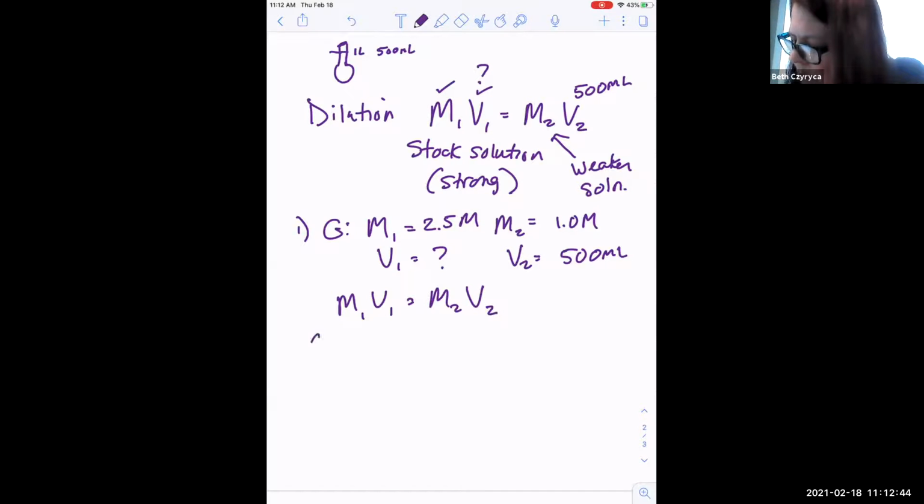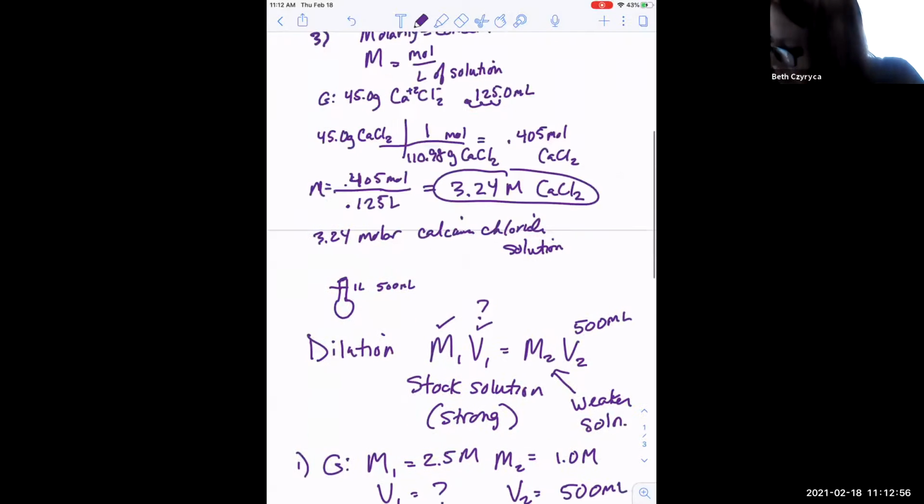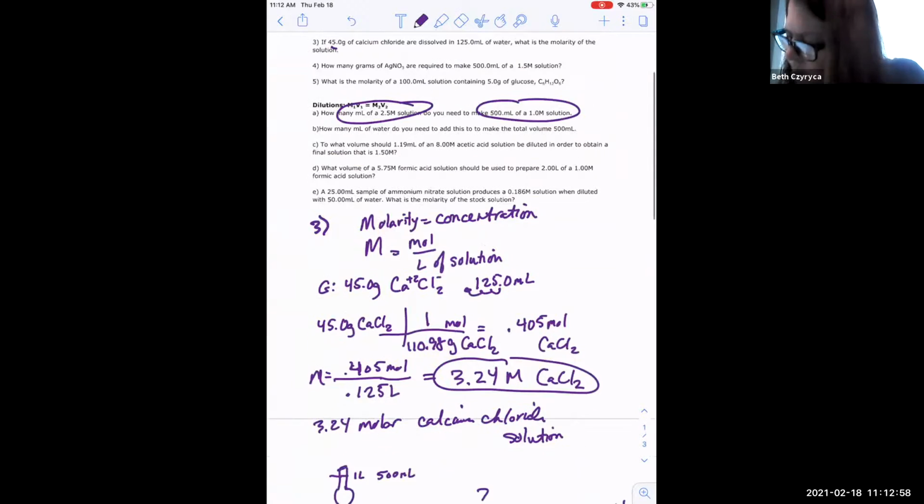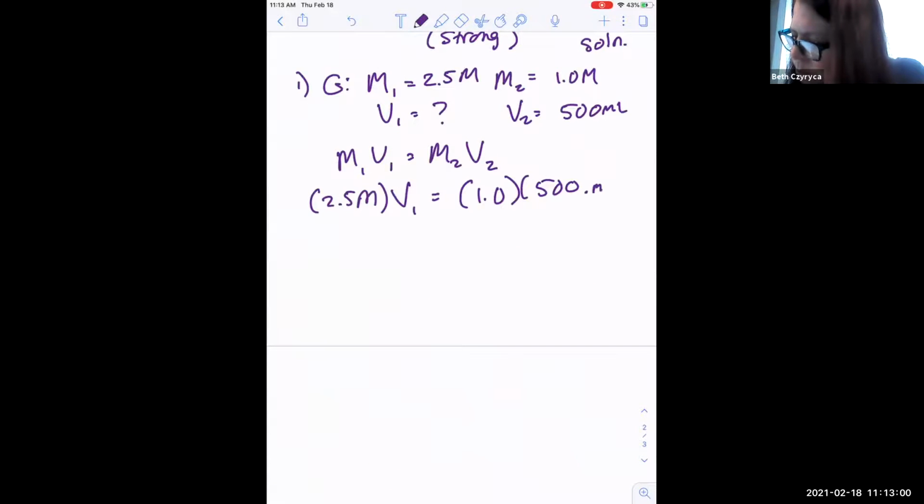All right, look at me. Let's see how many sig figs we need there. 500 point. All right, we solve for V1. One times 500 is 500, so 500 divided by 2.5.